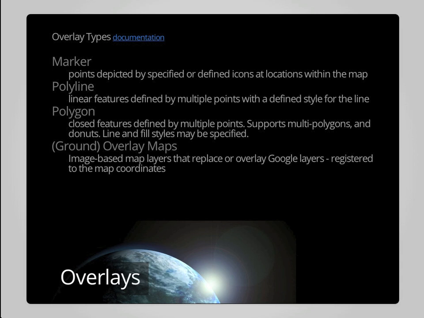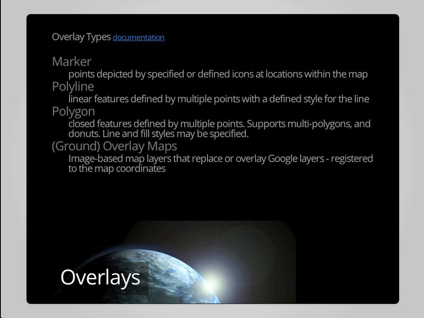You can also define polygon type features. And these are closed features, whether it's rectangular or a triangle or any irregular polygon that is again defined by multiple points, where Google will automatically close the polygon between the first and last coordinates that are provided as the set of points. You can also, through the Polygon Overlay type, define multiple polygons in a single polygon.